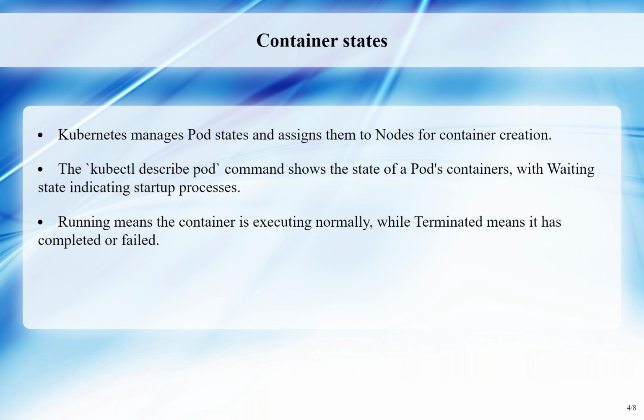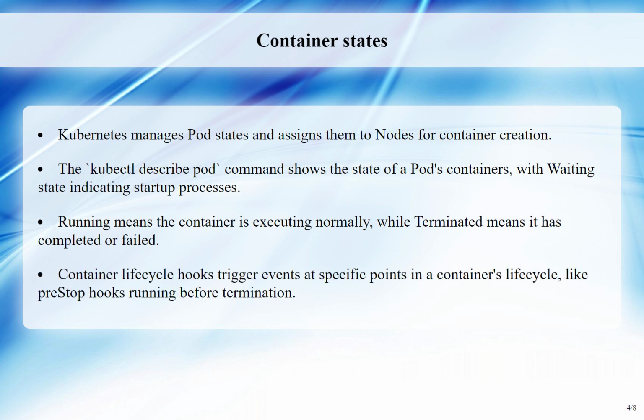Terminated means that a container has either completed its task or failed, with information on the reason, exit code, start and finish time. Additionally, container lifecycle hooks can be used to trigger events at specific points in a container's lifecycle, such as pre-stop hooks running before a container enters the terminated state.